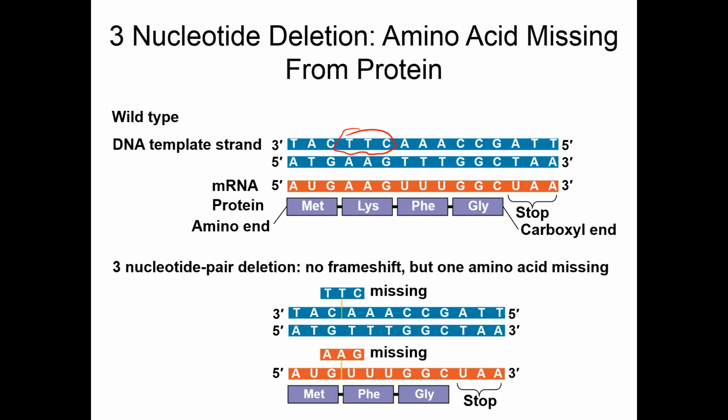Methionine, phenylalanine, glycine. The reading frame shifts to the left, but none of the amino acids you encoded for previously are changed. You just cut out this amino acid. So you have no frame shift, but you're missing one amino acid.